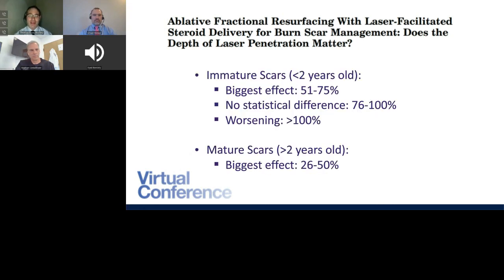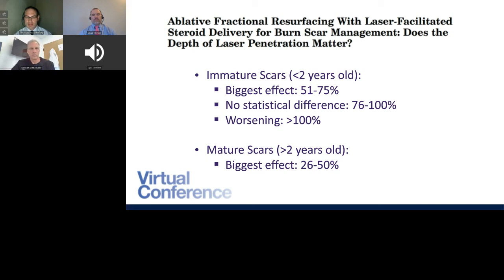And then they went on and divided these scars into 2 different groups. They said, do old scars and young scars react differently? So they defined immature scars or younger scars by being less than 2 years old. And what they saw, the biggest effect, the most improvement in this study was noted with depths of ablation thought to be 51 to 75%.